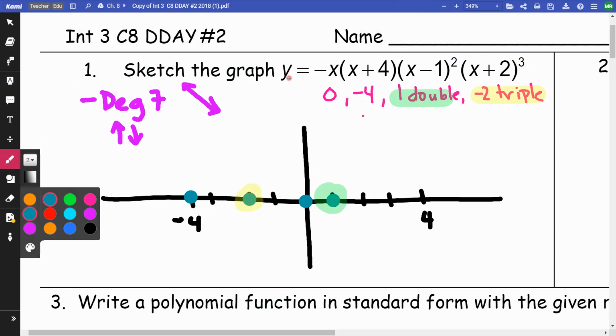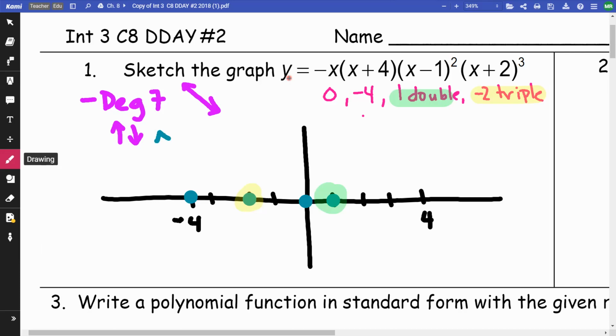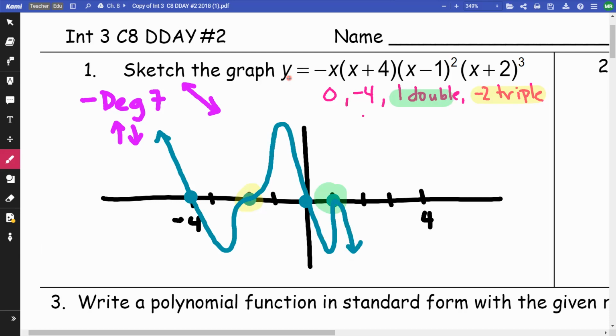I am going to be starting above, going through. This one's a triple, so it's going to look like almost half of an open down and half of an open up parabola. Okay, it's a cubic look right there. It's going to come and go through. And then when it comes up to this one, which is a double, it's going to come up and bounce back like a parabola.